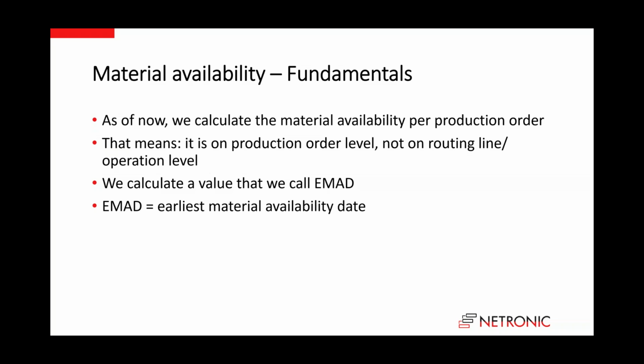Right now we produce it on production order level, not on a routing line or operation level. This is something that we might do in the future, but this adds a lot of complexity. So right now we decided to calculate a date that indicates to you whether your material is available or not on production order level. This value is called EMAT, and EMAT stands for earliest material availability date.